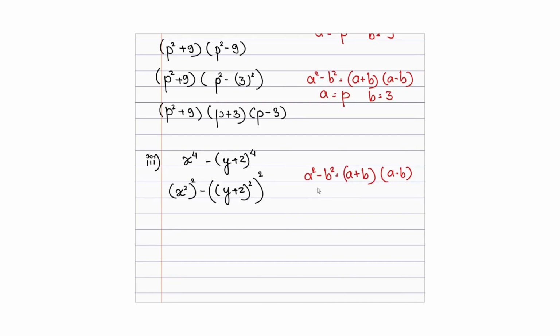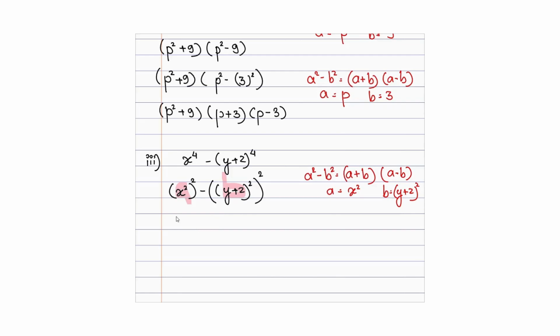On comparing it with the equation, our a is what? x square, and our b is what? (y plus z), the whole square of it. That is our b, right? This is our a and this is our b. If you don't understand it, let me just highlight it. This will be my a and this will be my b. Now a is x square and b is (y plus z), the whole square of it.